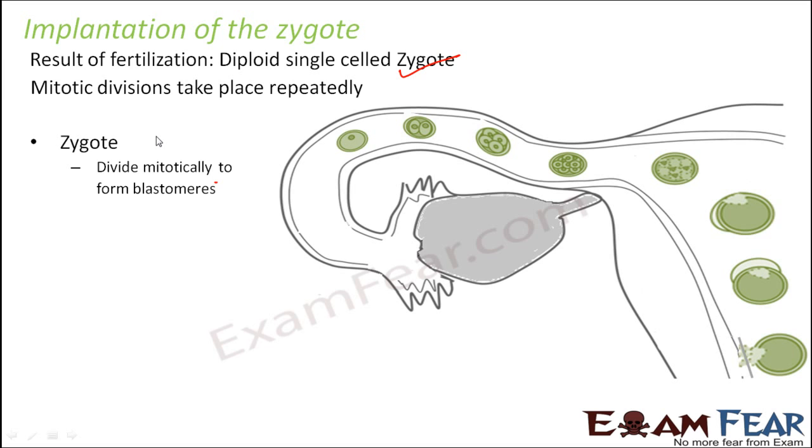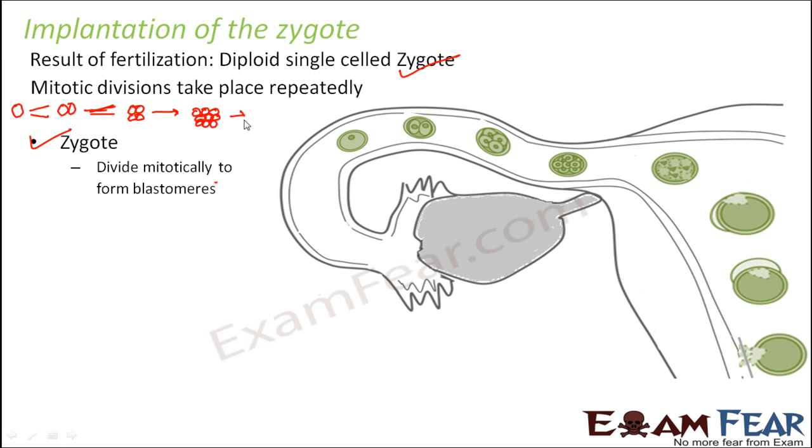Now what are blastomeres? Let us understand it in this way. The zygote was a single cell, right? This single cell undergoes mitotic division to form a two-cell structure. This two-cell structure further divides to form a four-cell structure. The four-cell structure further divides to form an eight-cell structure, right?